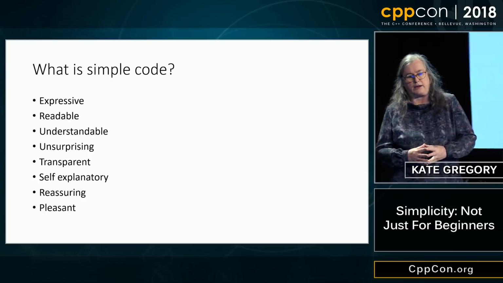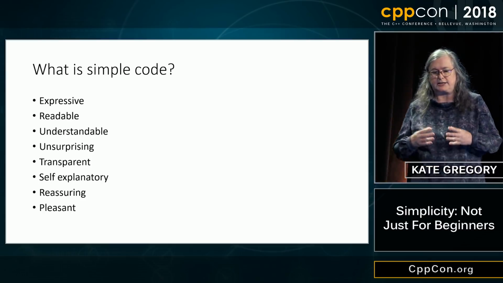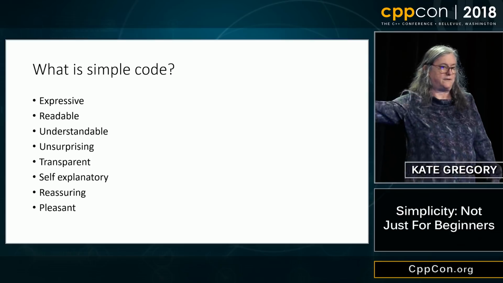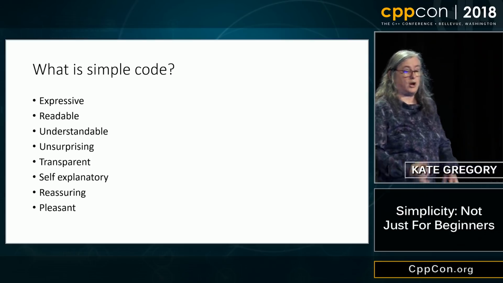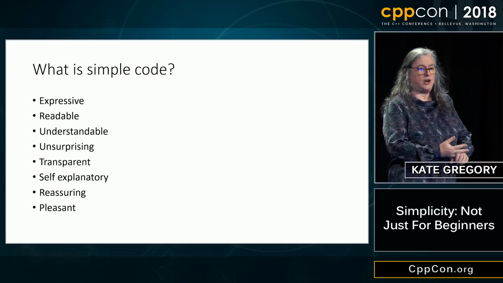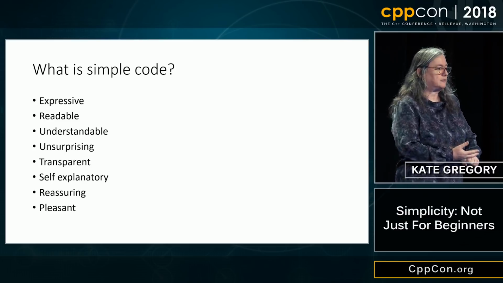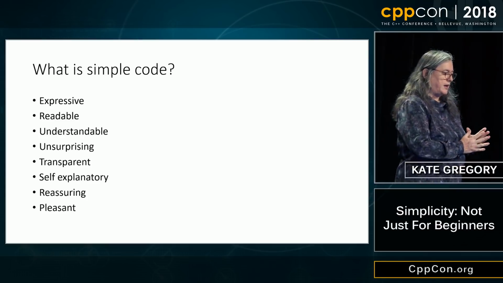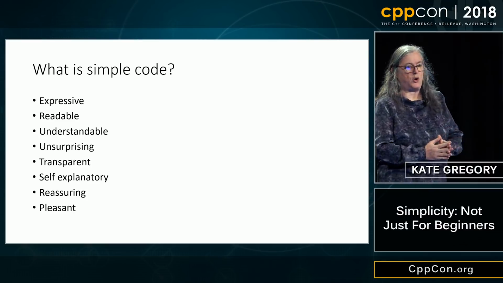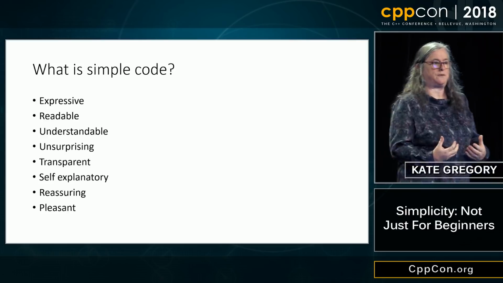So what I want to advocate for today is simple code as defined by this list of adjectives. Not short code, not using small words code, right? Not clever run code. What I call simple code is code that explains itself.